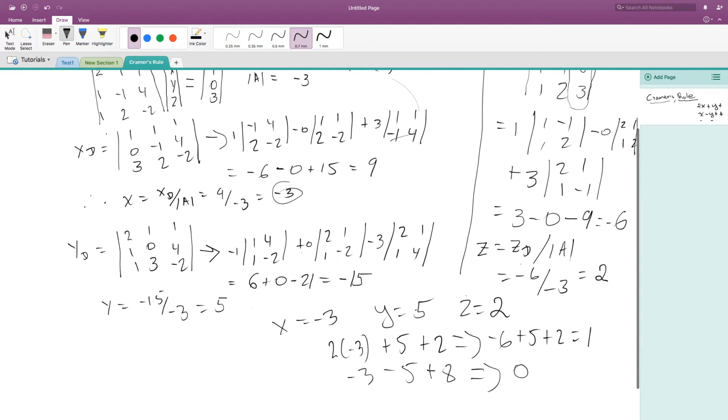Last one, minus 3, 2 here, so 2 times 5 is 10. I have here minus 2, so minus 2 times that is going to be 4.